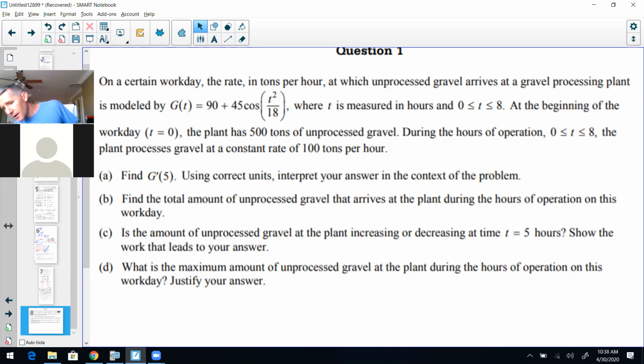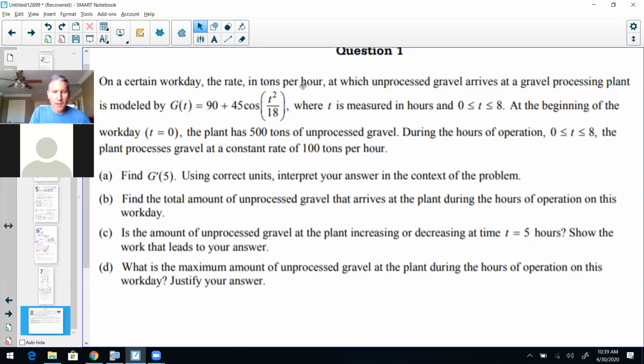We have this problem that we were working on yesterday, problem number 1, where G of t is the rate in tons per hour at which unprocessed gravel arrives at the processing plant.